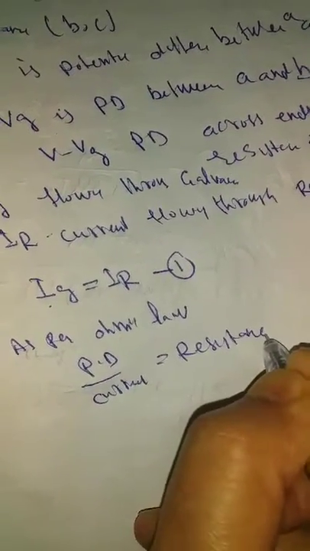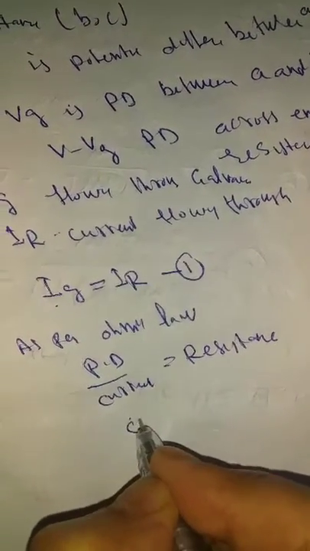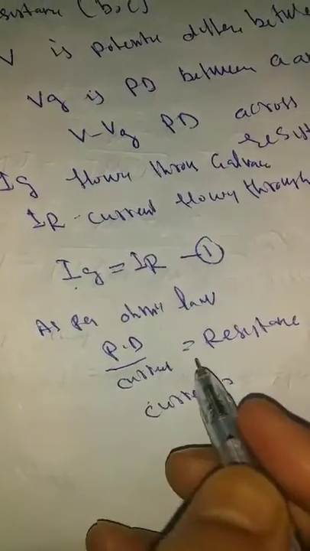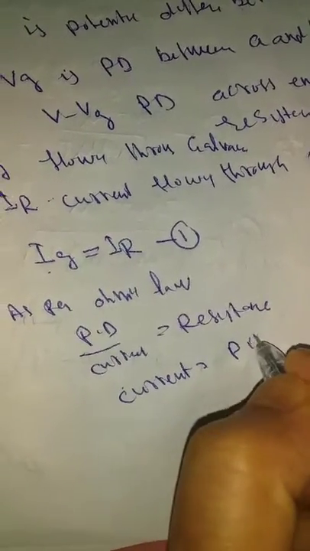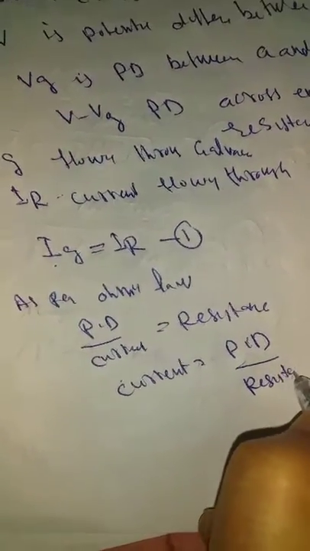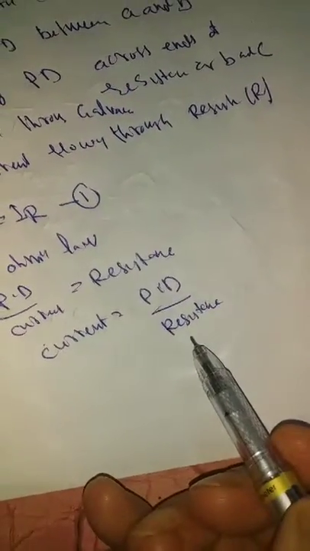Or we can get the value of current: current is equal to potential difference divided by resistance, as per Ohm's law.